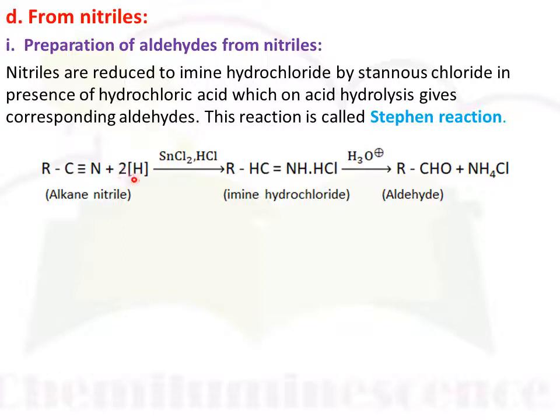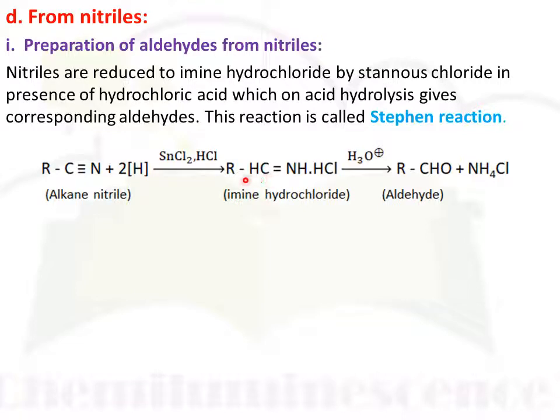These two hydrogens are added through the carbon-nitrogen triple bond, and this triple bond is converted into a double bond. And in the next step, this imine hydrochloride on acid hydrolysis, that is hydrolysis means addition of water, and acid hydrolysis means addition of water in acidic condition, gives aldehyde.